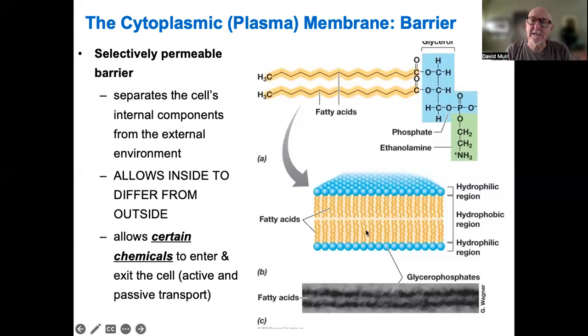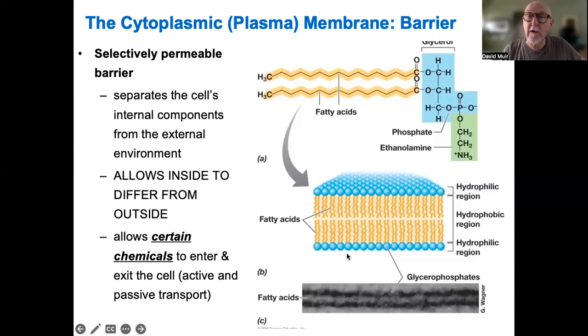Things like gases that are dissolved in water can pass across very easily. They pass across by simple processes of diffusion. That is, they move from areas of high concentration to areas of low concentration, and they can make their way across the membrane in either direction.